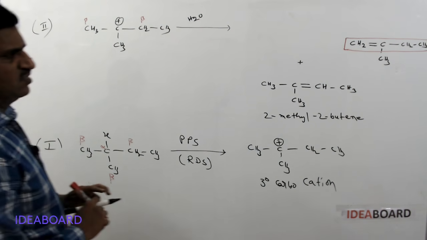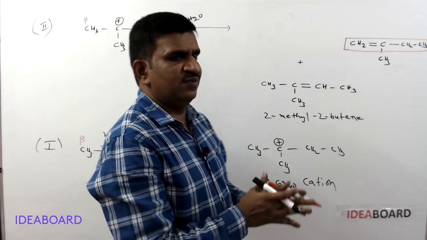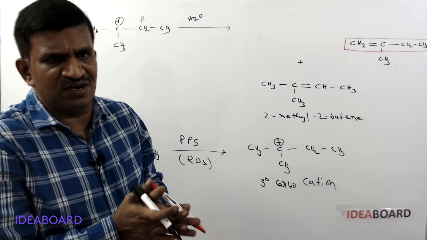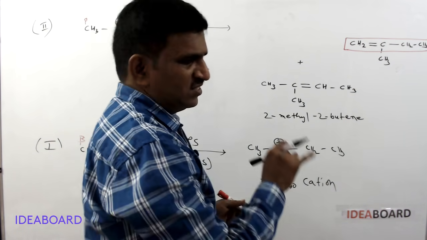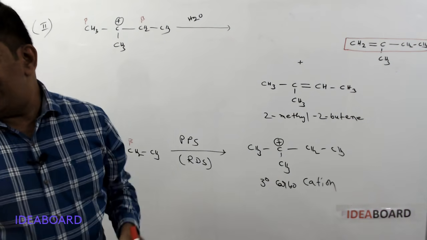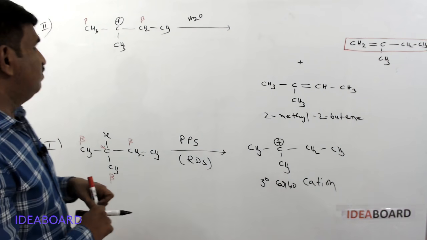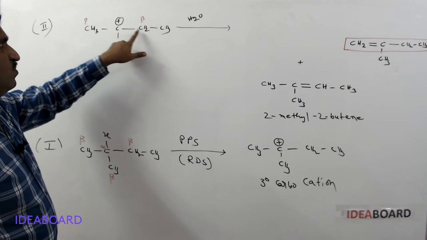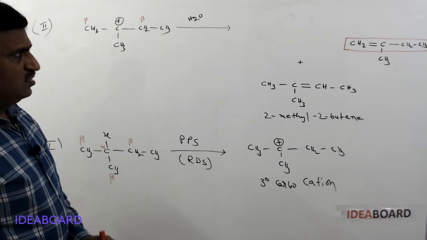Which is the major product? In first year we studied alkene preparation methods. In those methods you studied about the Saytzeff elimination process, Saytzeff's rule or Zaitsev's rule. According to Saytzeff's rule, the beta hydrogen is removed from the carbon containing less hydrogen atoms.